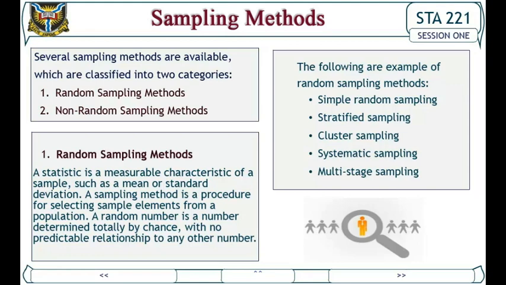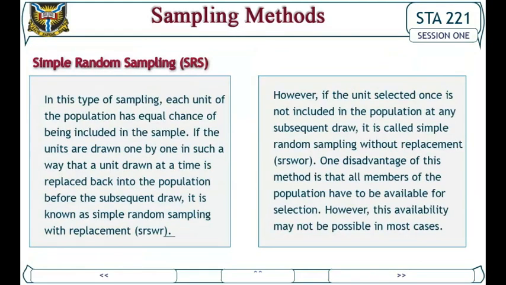A sampling method is a procedure for selecting sample elements from a population. A random number is a number determined totally by chance with no predictable relationship to any other number. The following are examples of random sampling methods: simple random sampling, stratified sampling, cluster sampling, systematic sampling, multi-stage sampling.